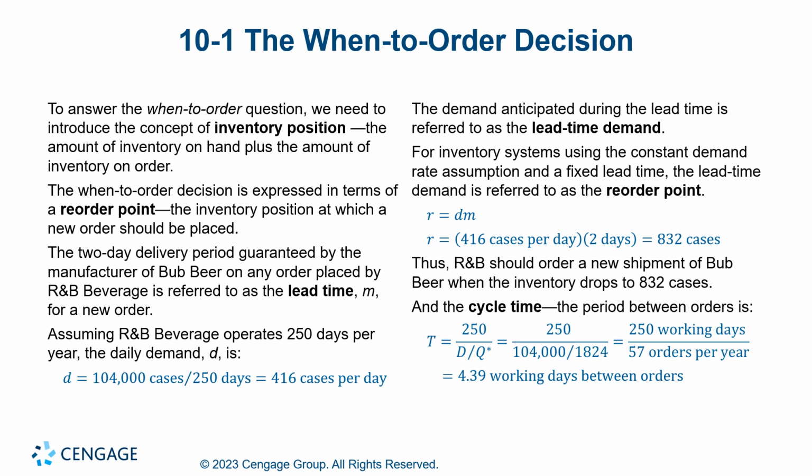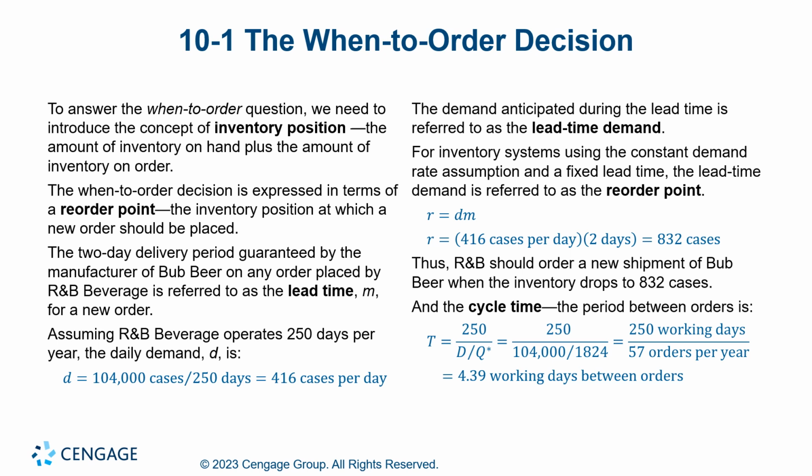So therefore now we can answer the question of how frequently the order will be placed. The period between orders is referred to as the cycle time. We already defined D divided by Q as the number of orders that will be placed in a year, based on the demand. Demand is 104,000 divided by the Q optimal, which is 1,824.